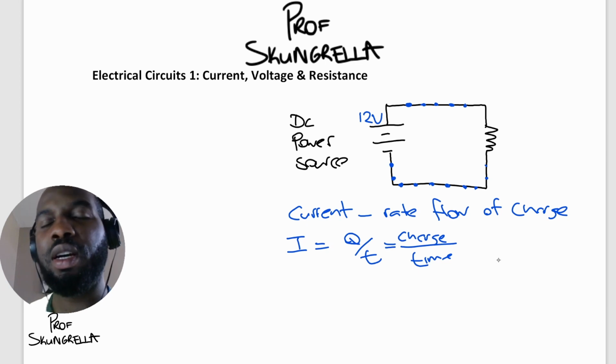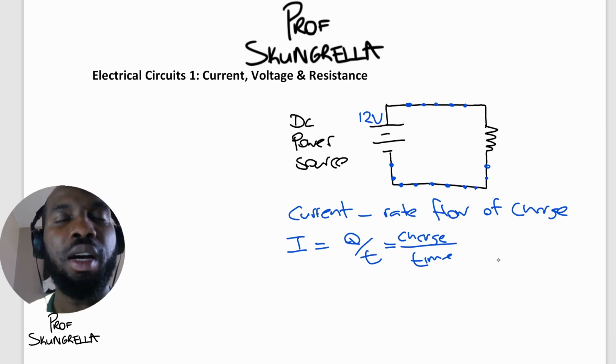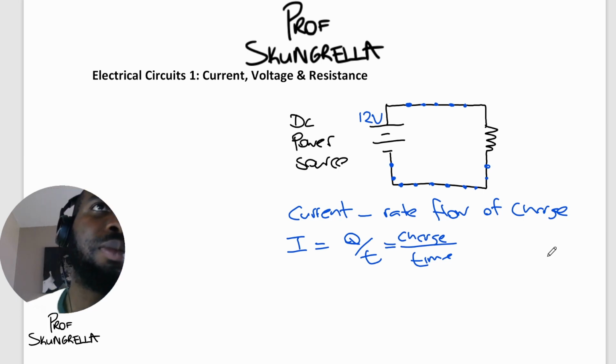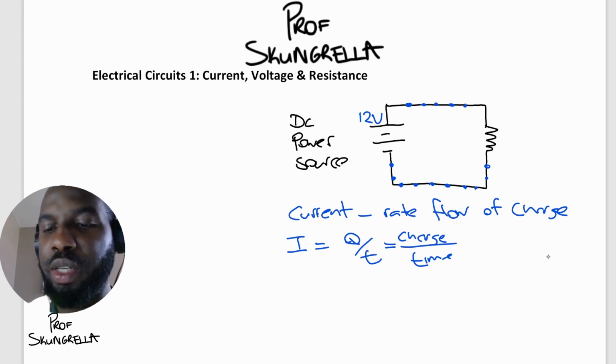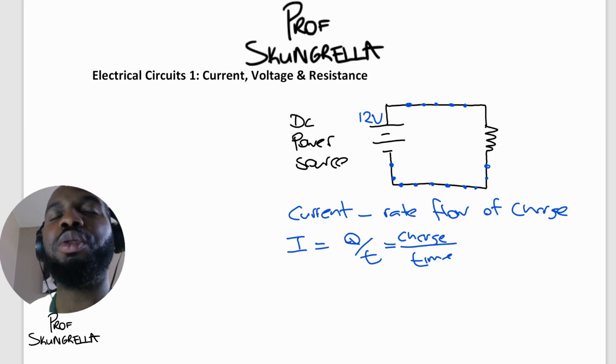And that charge is based on the flow of electrons, because each electron has a charge of negative 1.6 times 10 to the minus 19 coulombs. Voltage, we said, causes the current to flow.